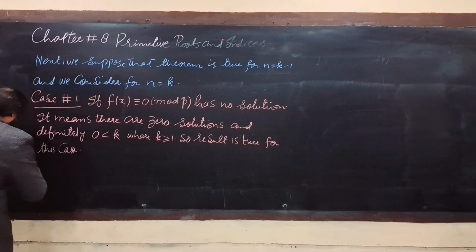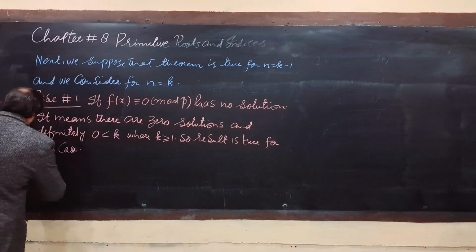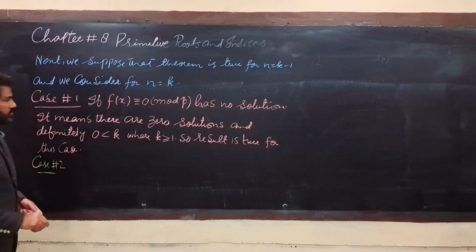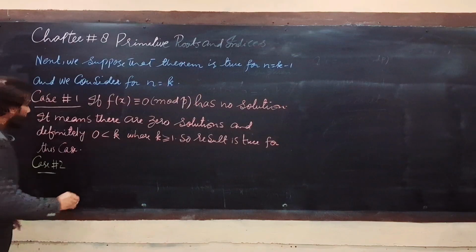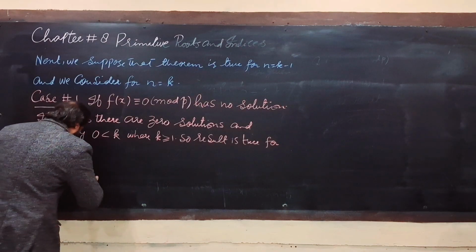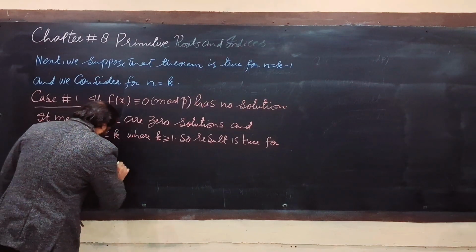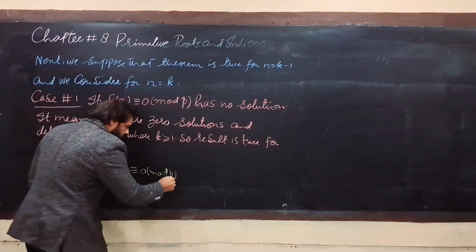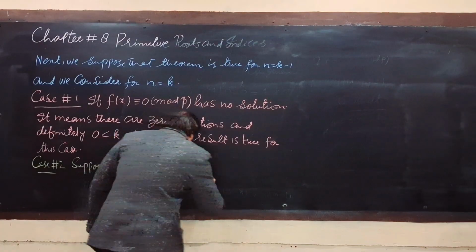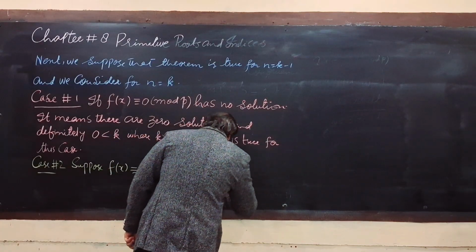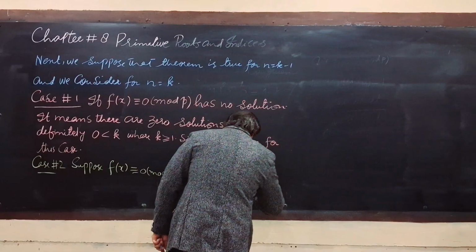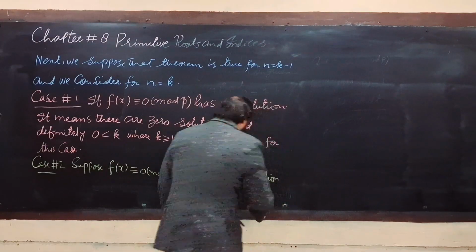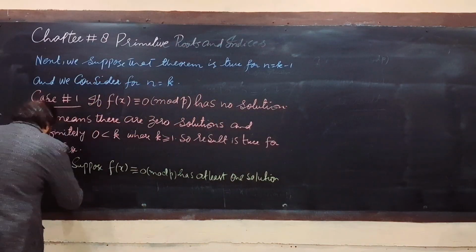Case number 2. In this case, we will suppose that this congruence has at least one solution. Suppose f of x congruent to 0 modulo p has at least one solution, say it is a.